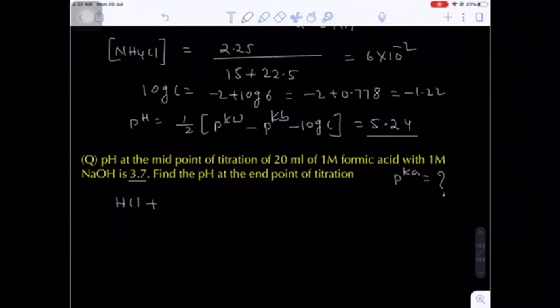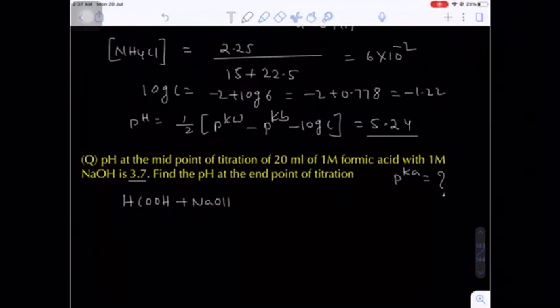So first of all write the equation between formic acid and sodium hydroxide. Yes or no? Now what is the reaction between the formic acid and sodium hydroxide here?